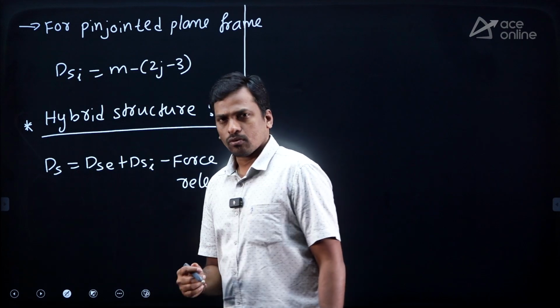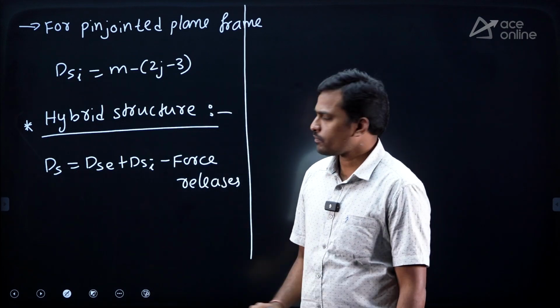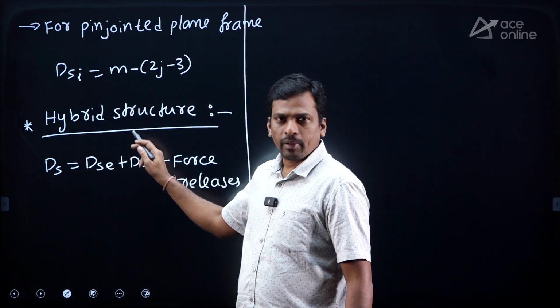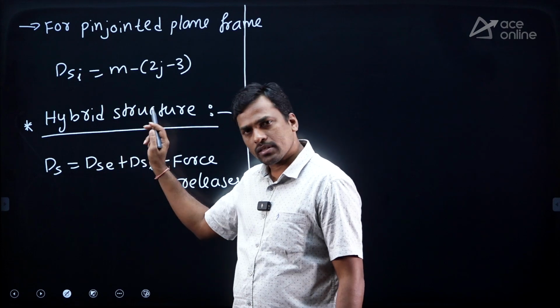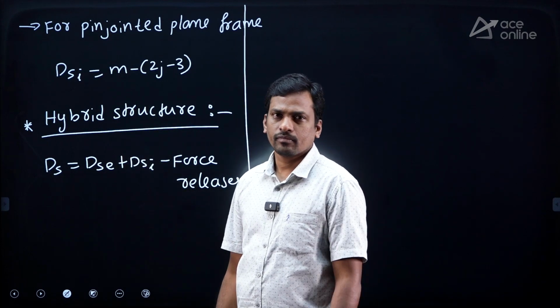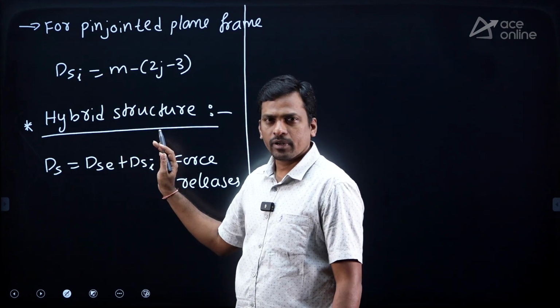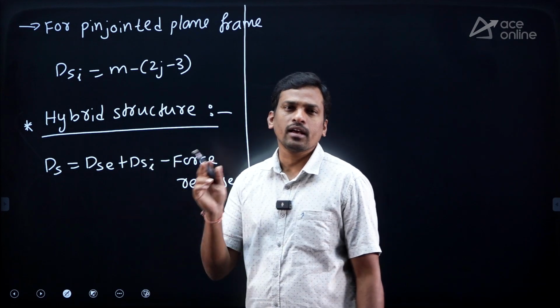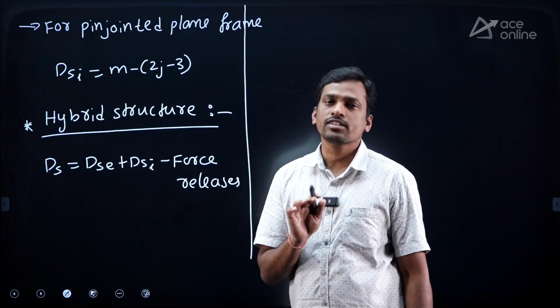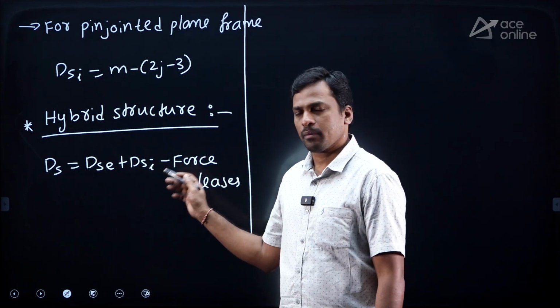So for the GATE exam, practice how to find the static indeterminacy for hybrid structure. Expect questions from hybrid structure only. If they give a question from the second chapter, it is generally from hybrid structure.